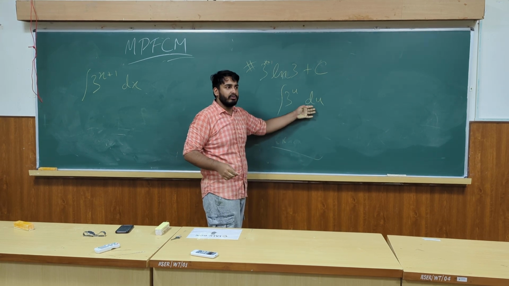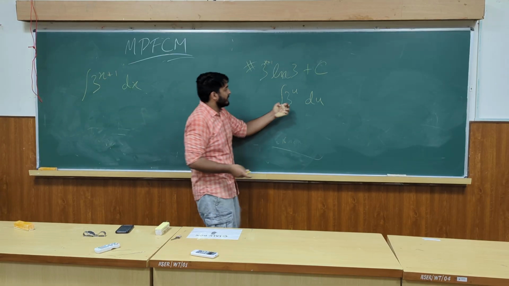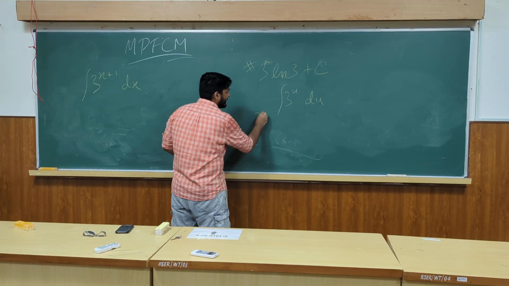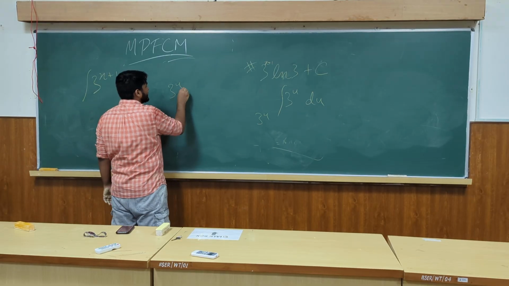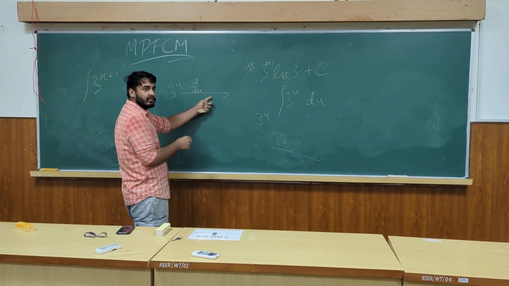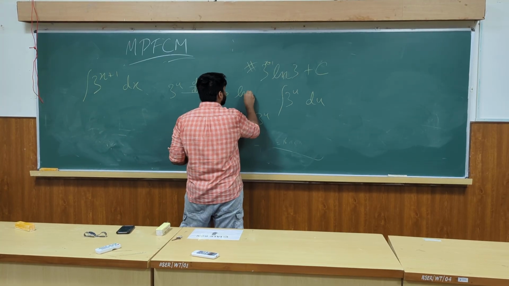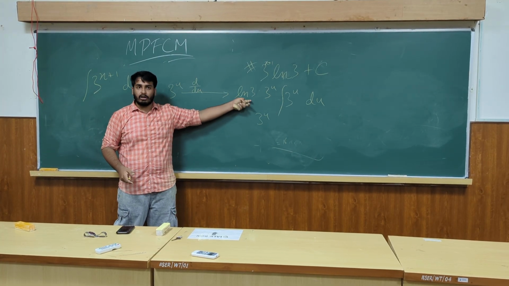into something of this form. We do not want x plus 1 over here, we don't know that. But if we could get something like 3 to the u, I know how to get it back. If I differentiate 3 to the u with respect to u, I would get ln 3 times 3 to the u, but ln 3 is a constant.